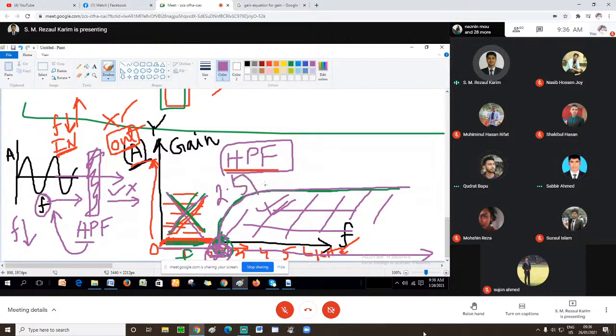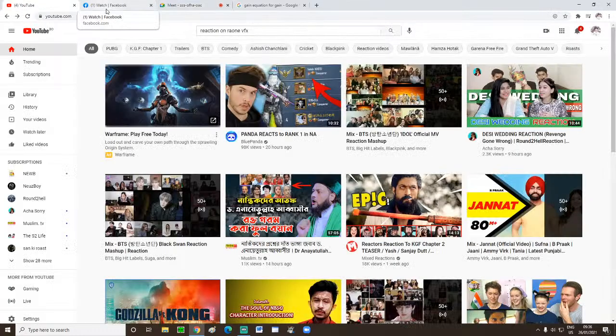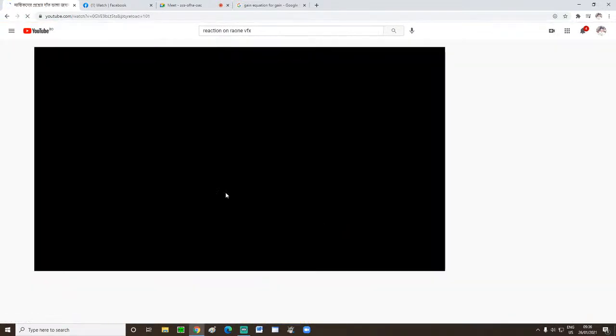Let's say it was kilohertz. I am writing here as kilohertz. So this 2.5 kilohertz is the cutoff frequency of this high pass filter.